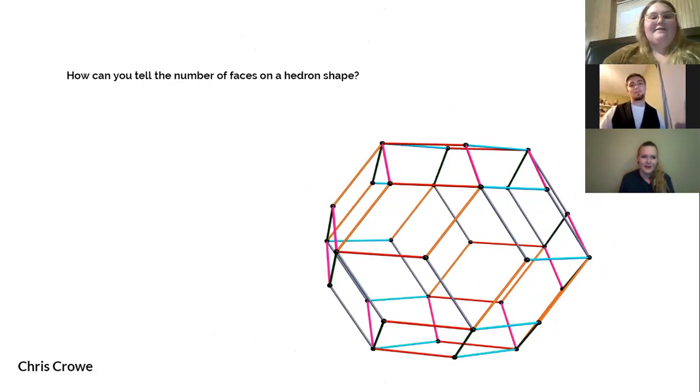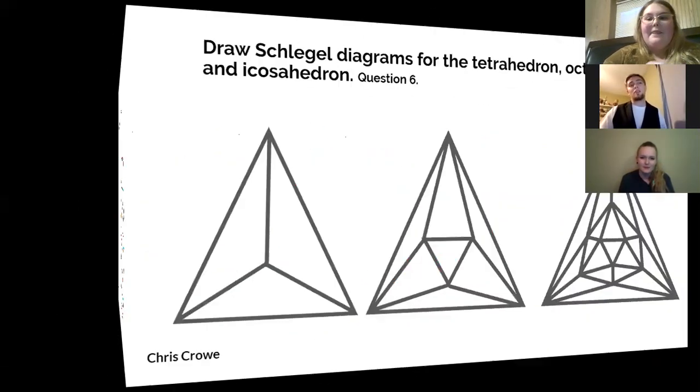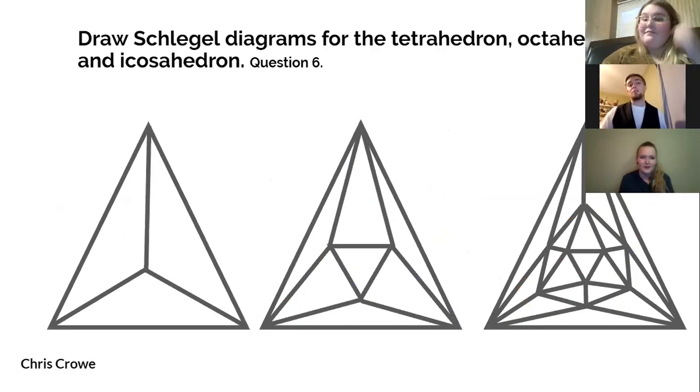All right, Chris, I have a question. I have an answer. How can you tell the number of faces on a hedron shape? That is actually far easier to answer than most people might think. Here we see 3 different shapes, called Schlegel diagrams. The first is a tetrahedron, the second an octahedron, and the final one an icosahedron.